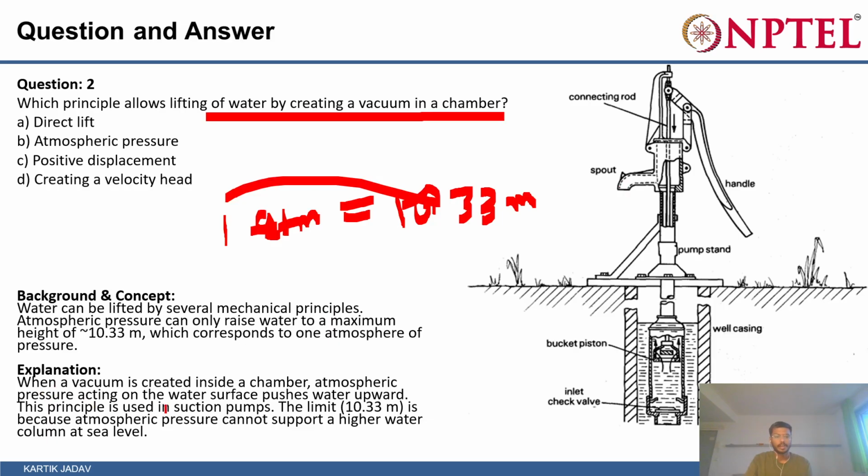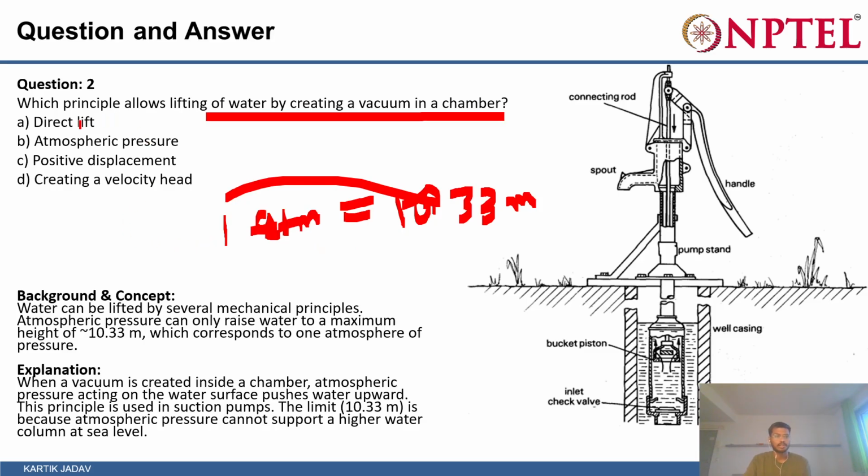Now, when a vacuum is created inside the chamber, atmospheric pressure acting on the water surface pushes water upward. This principle is used in suction, and its height is limited to 10.33 meters because atmospheric pressure cannot support a higher water column at sea level.